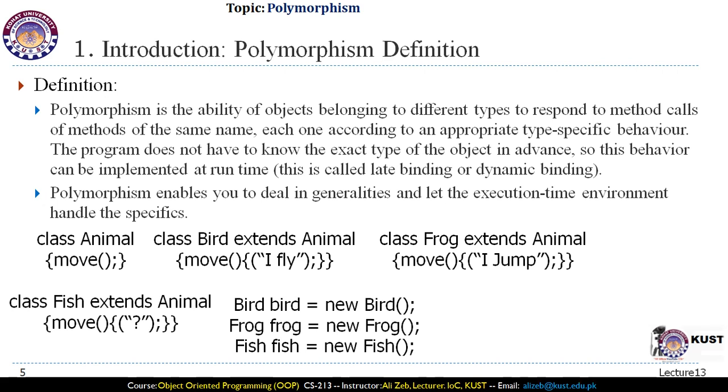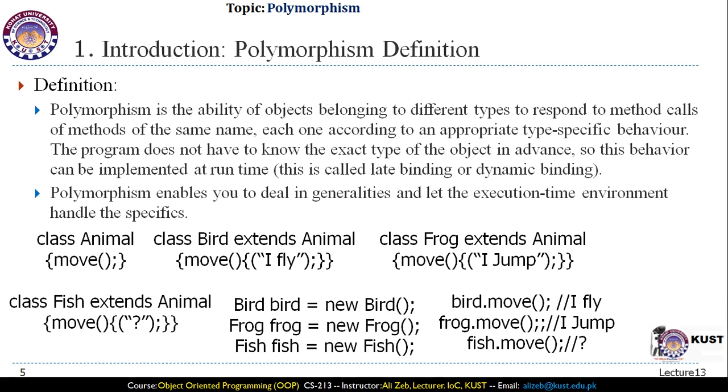So let's say we have three objects, one for each class: a bird object for the Bird class, a frog object for the Frog class, and a fish object for the Fish class. And what we want is that when we call the move method on the bird object, the bird should fly. If we have a print statement, that print statement should be printed on the screen.